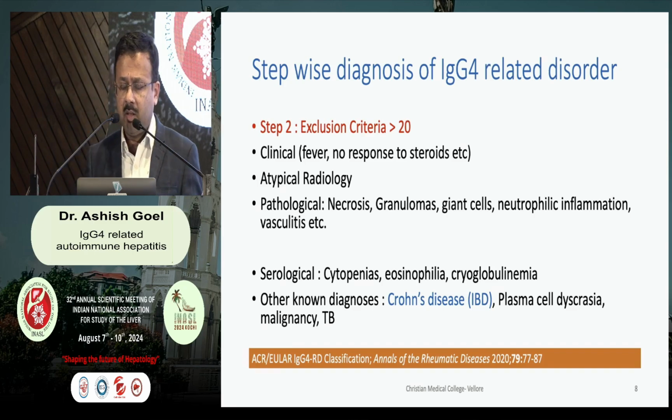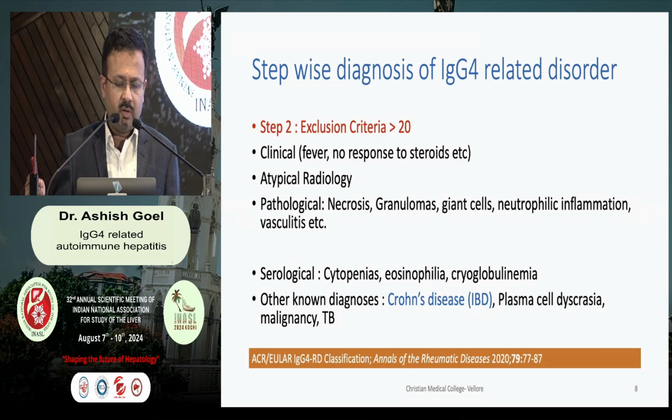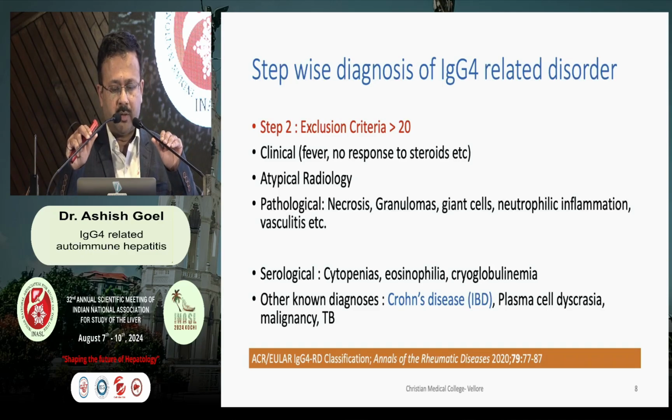Patients very rarely will present with fever, and there is a good response to steroids. So if the patient has fever and no response to steroids, think twice before labeling it as IgG4 related disorder.